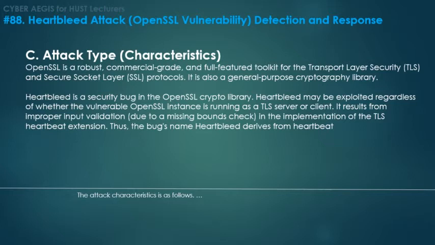HeartBleed may be exploited regardless of whether the vulnerable OpenSSL instance is running as a TLS server or client. It results from improper input validation due to a missing bounds check in the implementation of the TLS heartbeat extension. Thus, the bug's name, HeartBleed, derives from heartbeat.